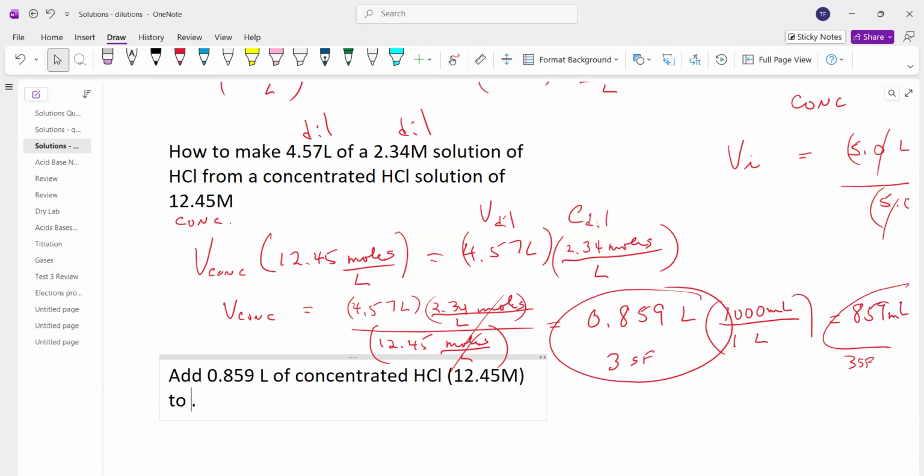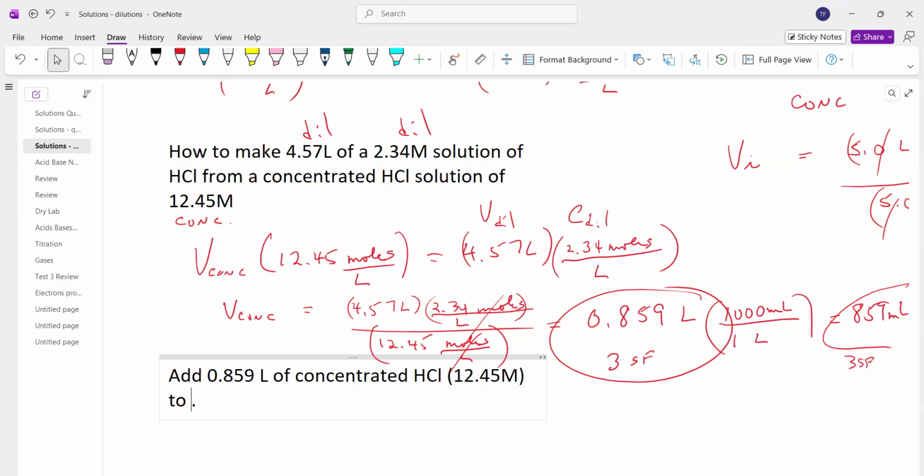Okay, so we're going to add 859 milliliters of concentrated HCl to how much water? How much water do we need to dilute it? How do we find that out? Okay, our final volume, including the water, is 4.57, and we're adding 0.859 liters of concentrated liquid.